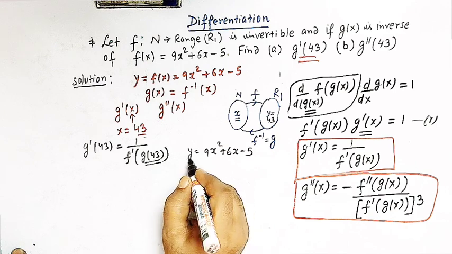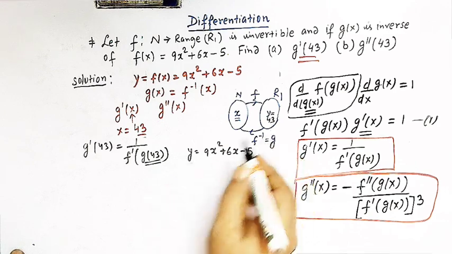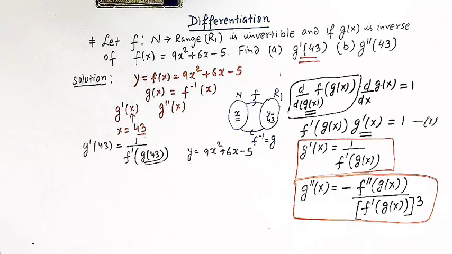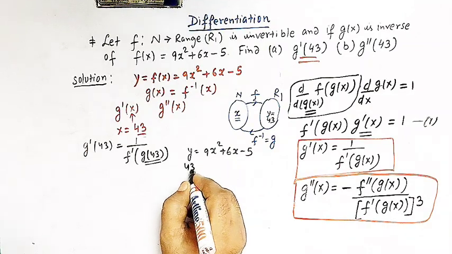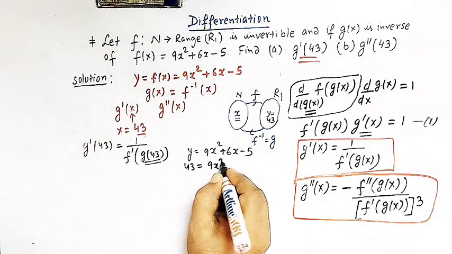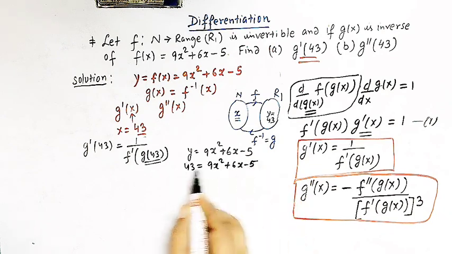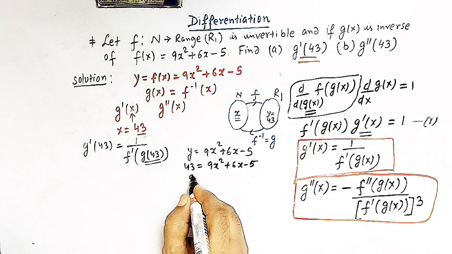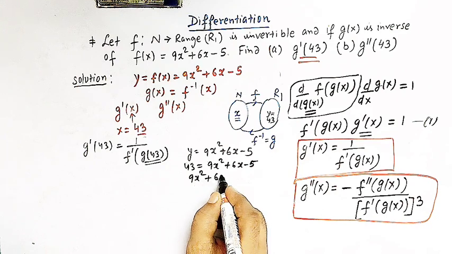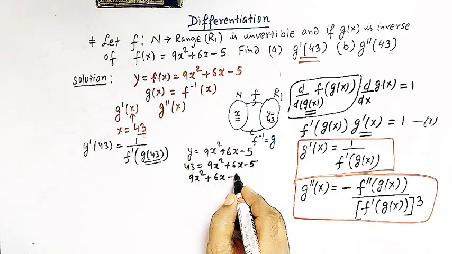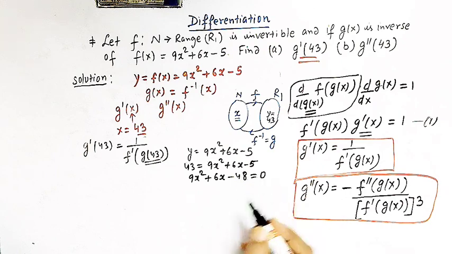So for this, we will take y is equal to 43. So now we have 43 equal to 9x squared plus 6x minus 5. And now we have to solve this quadratic equation. This is 9x squared plus 6x minus 48 is equal to 0.